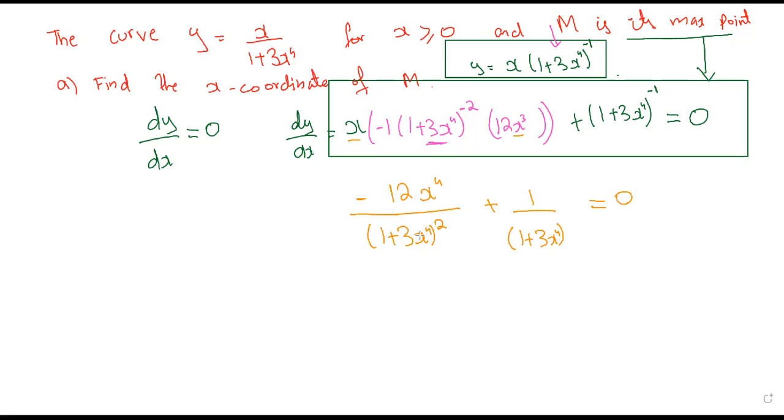Ma'am, before that, I have a question. You did 12x cubed. Shouldn't it be 12x cubed to the power -1? So 12x to the power -3? No, why? Okay, look, forget about that this was in the denominator. We wrote this as this. Now we are differentiating it by using the product rule.